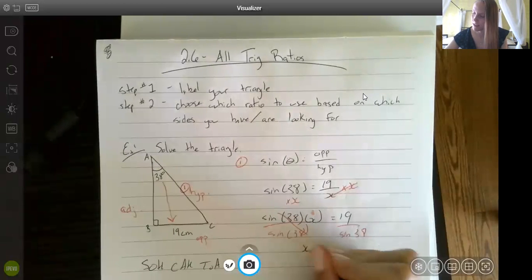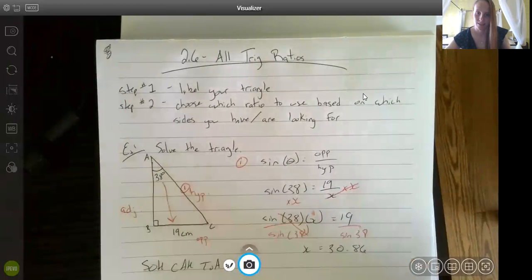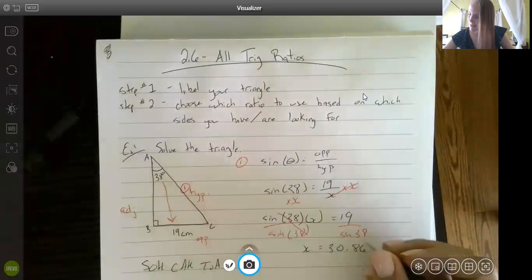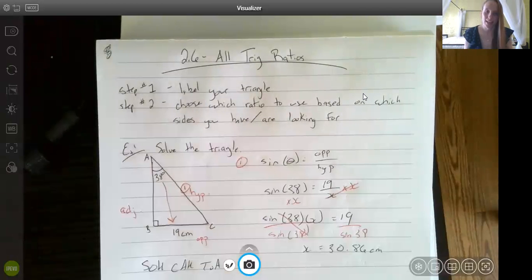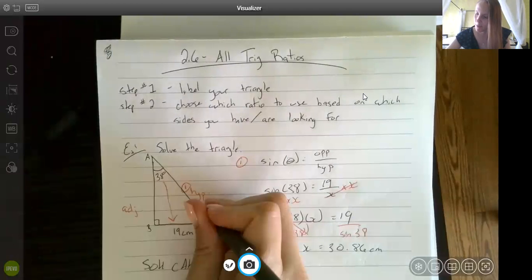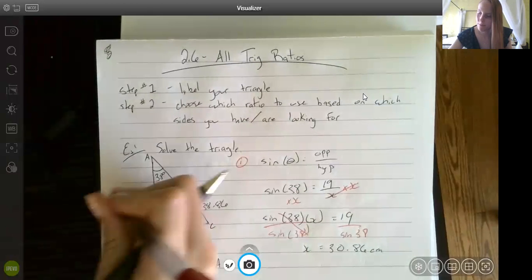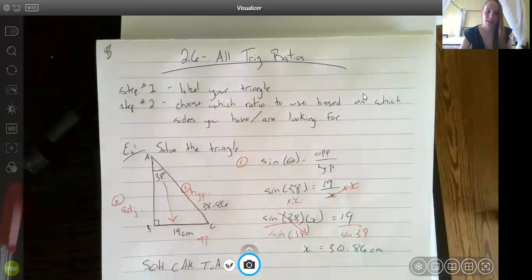is 30.86 centimeters. Okay, so that is my hypotenuse. I can now write it in over here, 30.86. I'm now going to find my adjacent side.